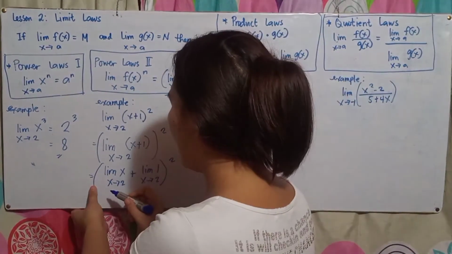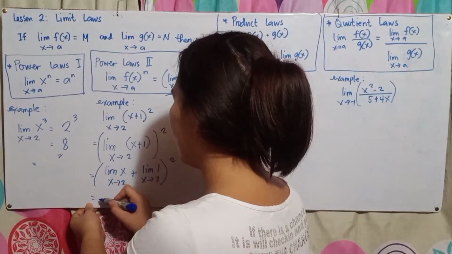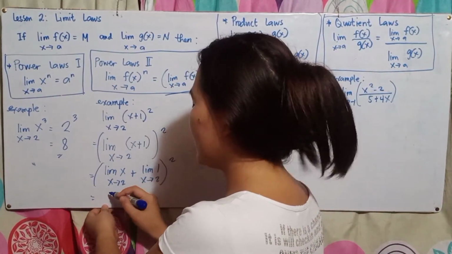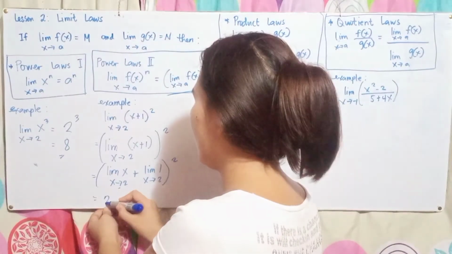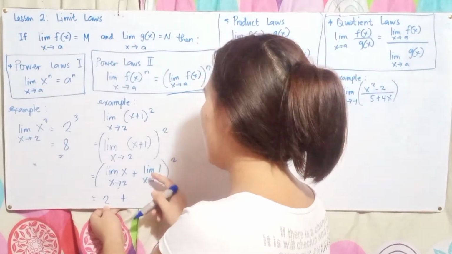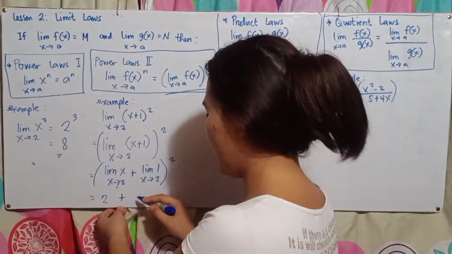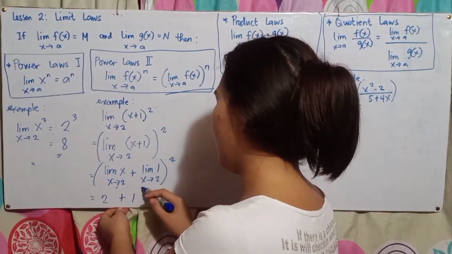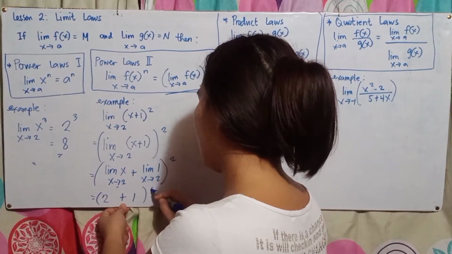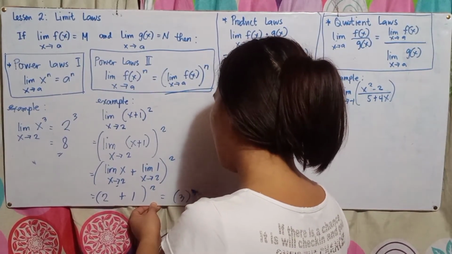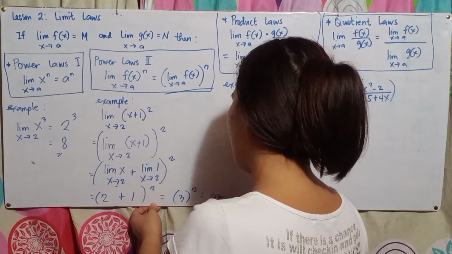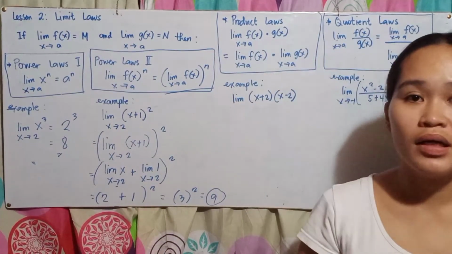Next, the limit of x, by the identity law, is 2, plus the constant 1. So, 2 plus 1 raised to the power of 2. So, it becomes 3 raised to the power of 2. So, the answer would be 9.